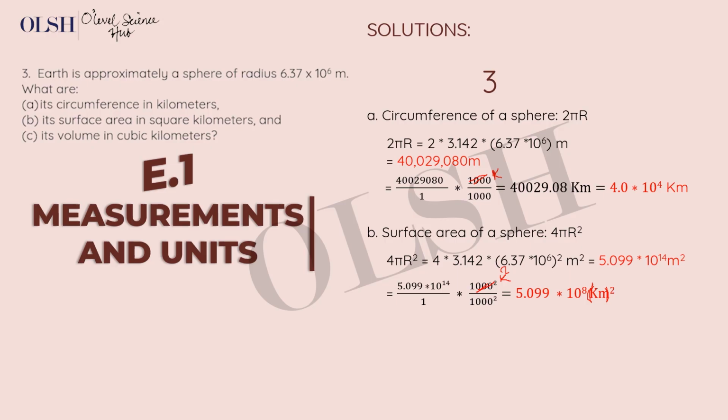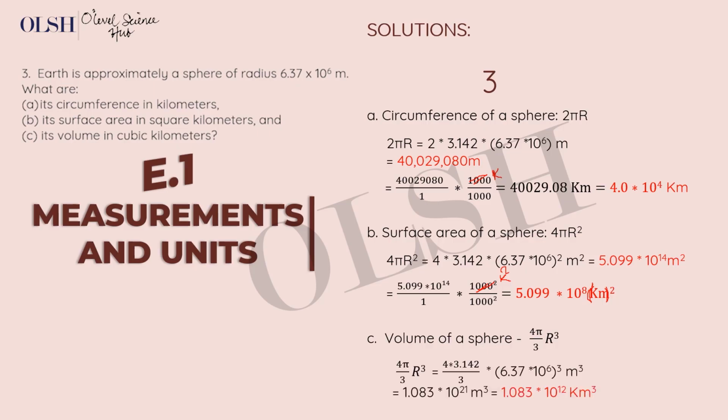So we're going to be having 5.099 times 10 raised to the power 8 if we simplify this. Okay, so the last question for number 3 is to find the value in cubic kilometers. So volume of a sphere is 4 pi over 3 times r cubed.